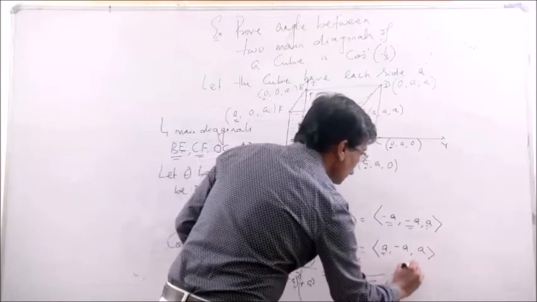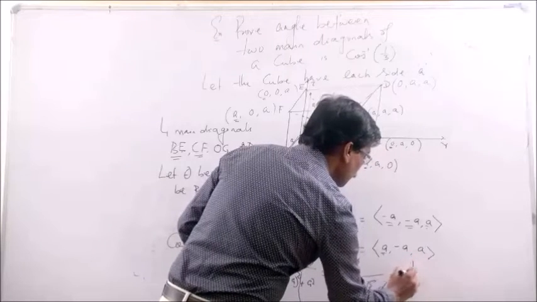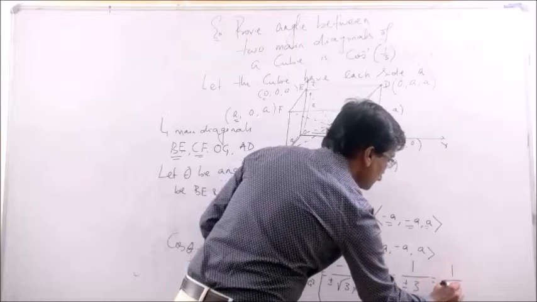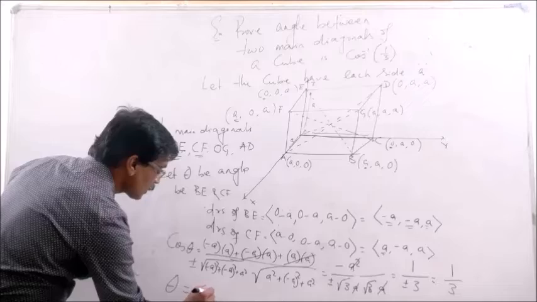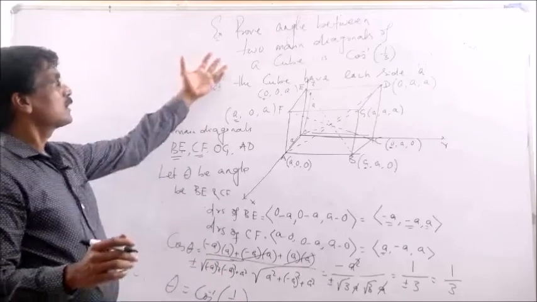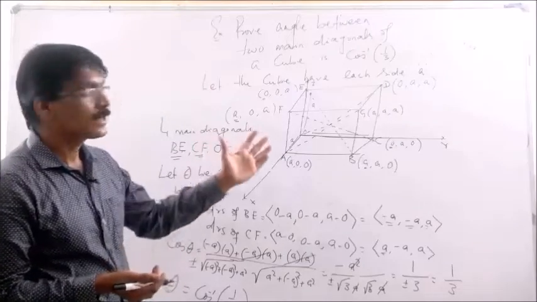So, that is equal to plus minus 1 by 3, consider positive sign, this 1 by 3, then theta is equal to cos inverse 1 by 3. So, this is the angle between two main diagonals of a cube.